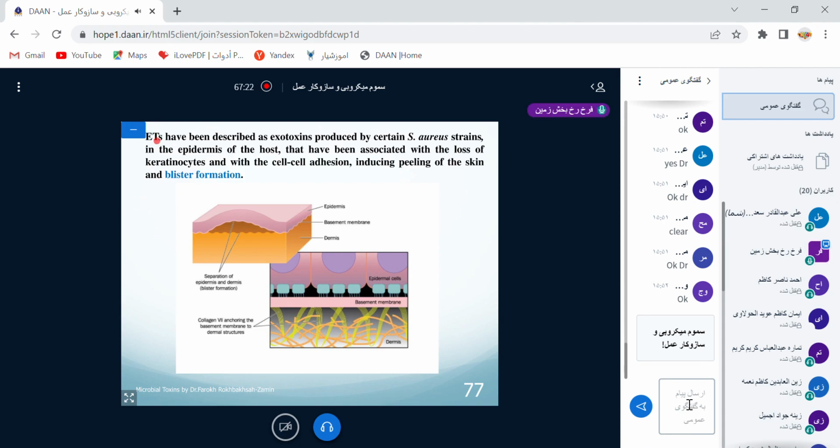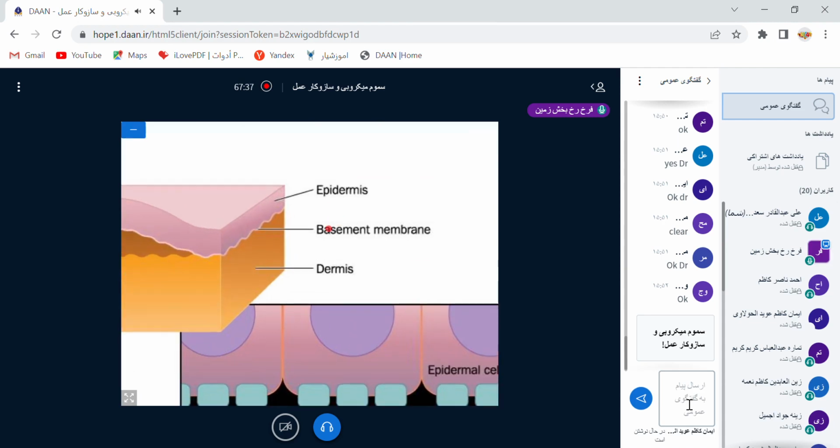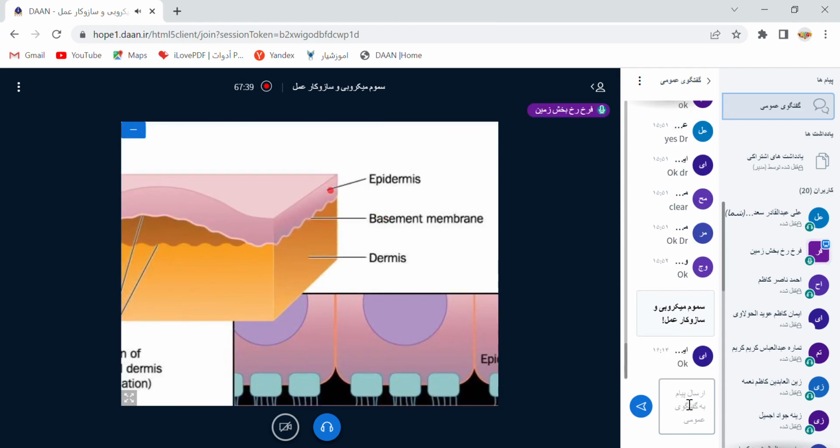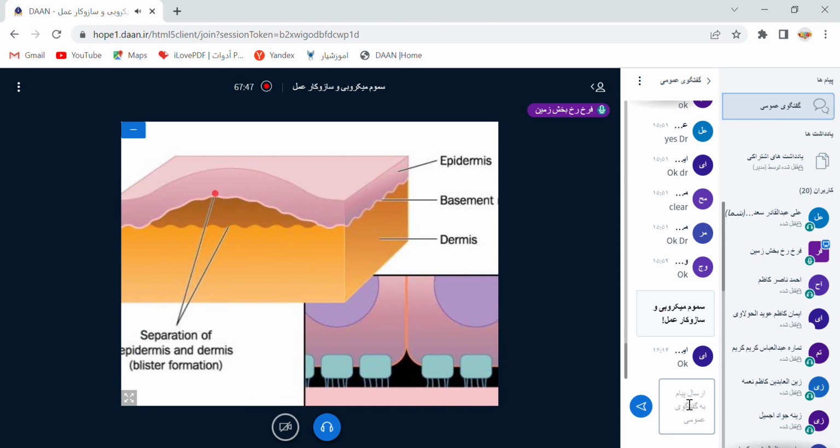These toxins, or exfoliative toxins, have been described and are exotoxins produced by certain Staphylococcus aureus strains in the epidermis. You can see here the epidermis, the basement membrane, and the dermis. Now it is the place of action of this toxin.